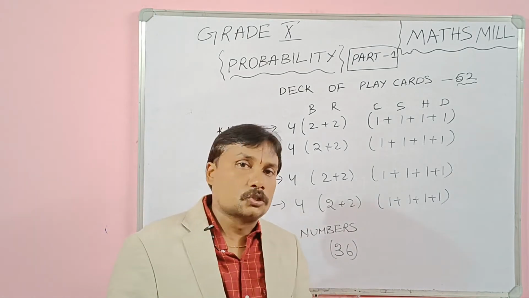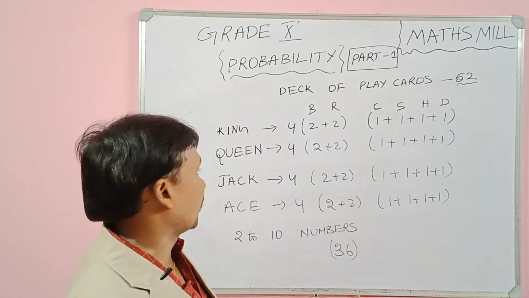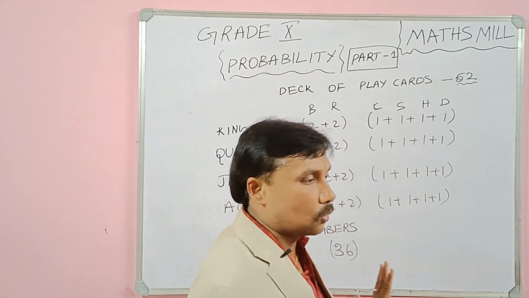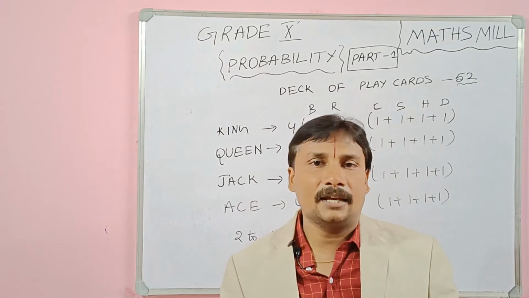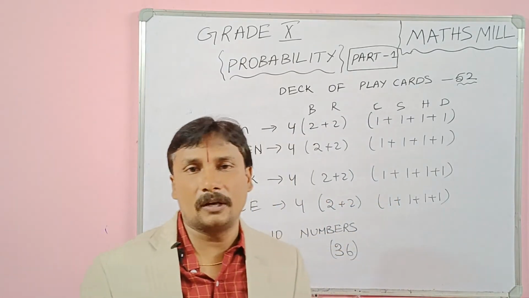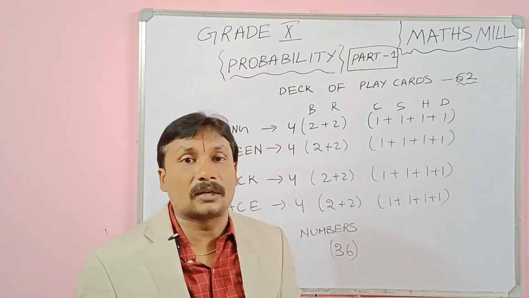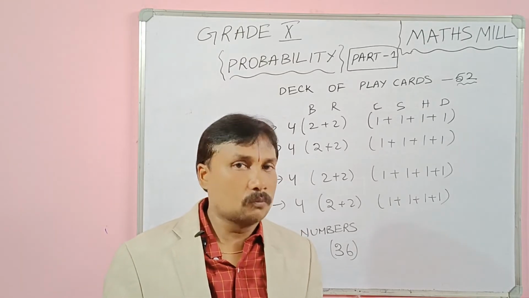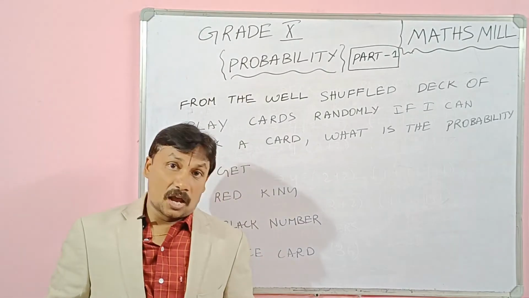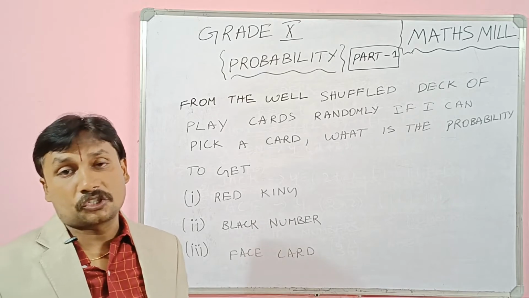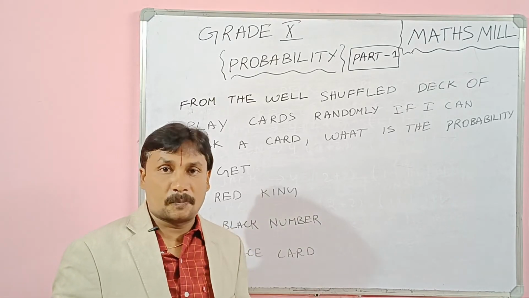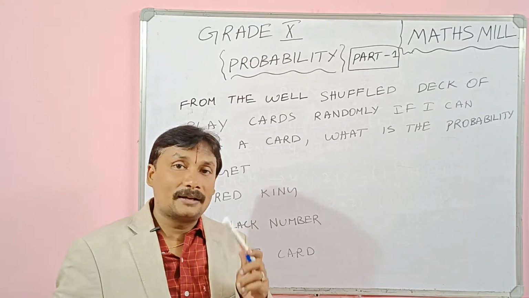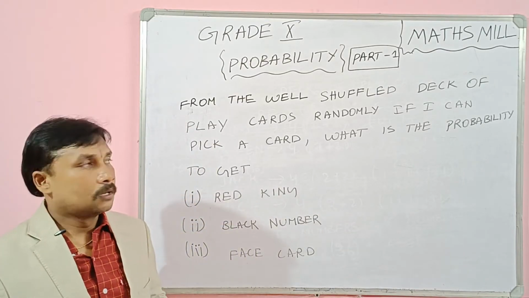Is it clear? First we should get to know about the segregation. Now we will see an example of what type of questions you may get from probability, especially from the deck of playing cards.